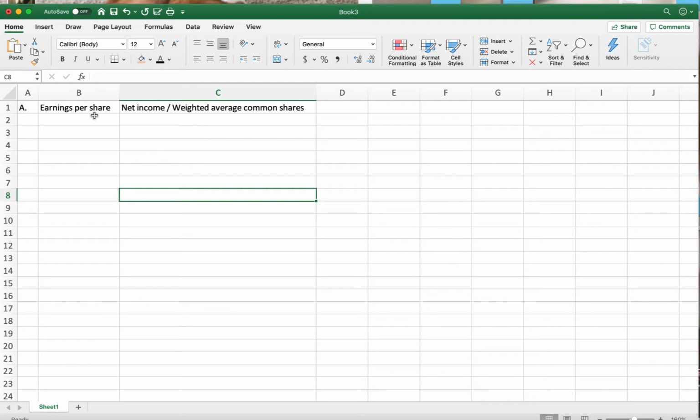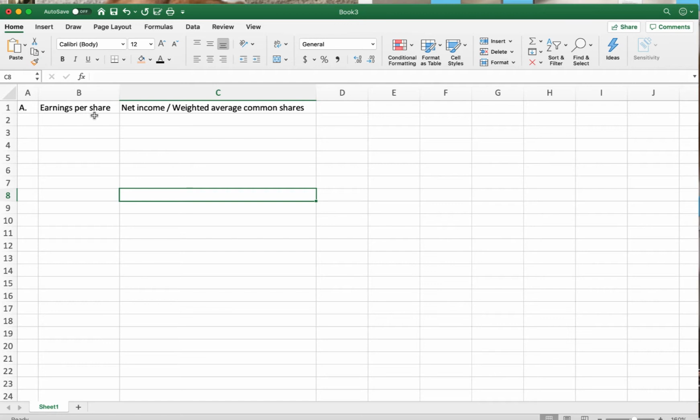I have my two slides printed out. I'm going to find my earnings per share, and I see how to calculate that, right? It says I need to take my net income minus any preferred dividends. Well, I left that out. Why did I leave that out? Well, because this company doesn't have any preferred dividends, so I don't need to subtract zero, okay?